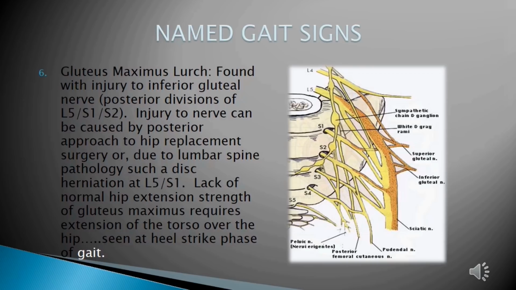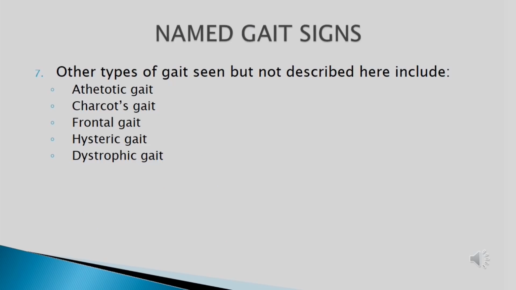And this illustrates the principle of the necessity of observing the examinee from multiple directions. Okay, and so I'll show you a videotape of each of those gait disturbances in just a moment.